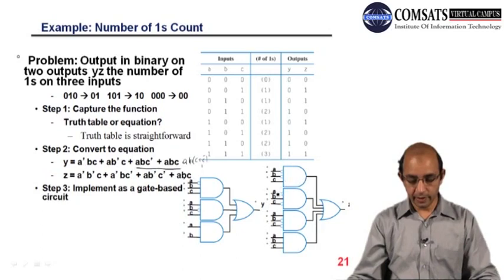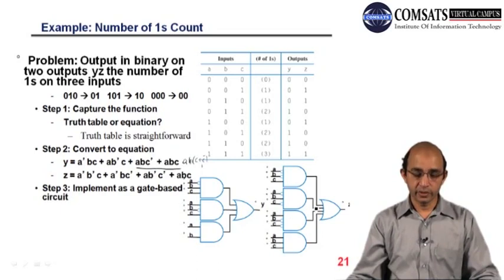And then A bar B C bar, and then A B bar C bar, and A B C. Here we don't have any simplification like we did there. There we eliminated one literal, C bar from one term and C from the other, one literal from each term, and we are left with a term with two literals. And you can see that this is our Z.